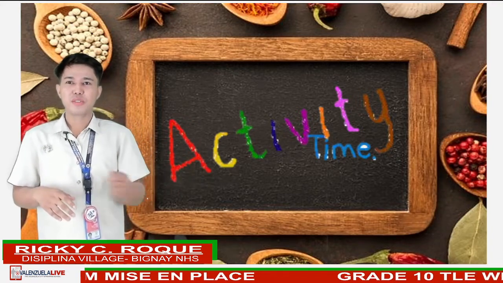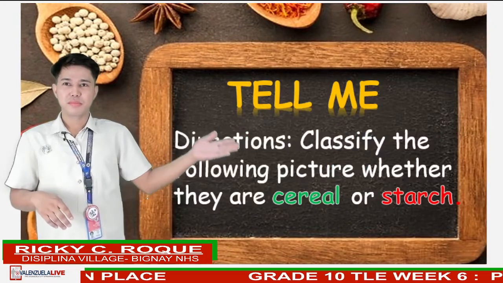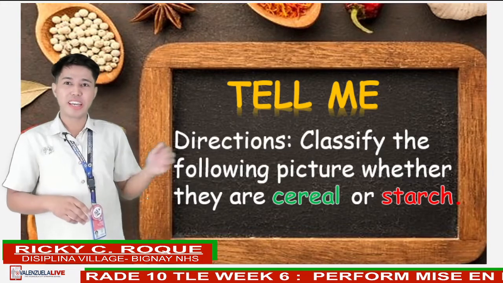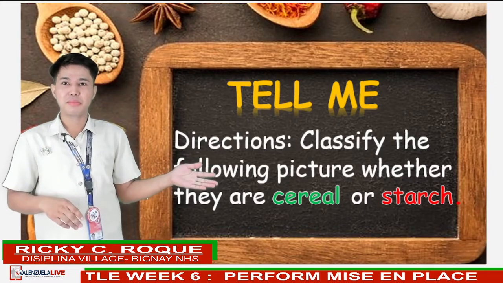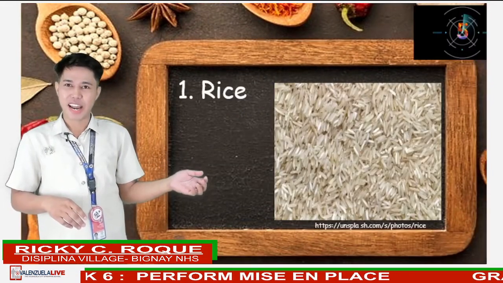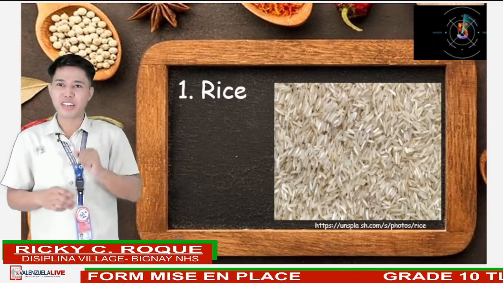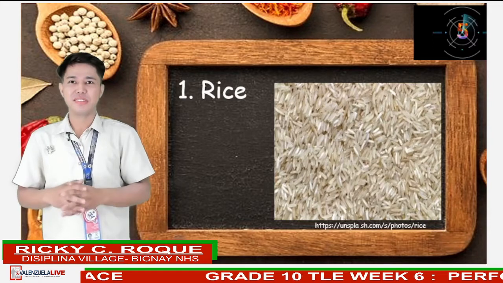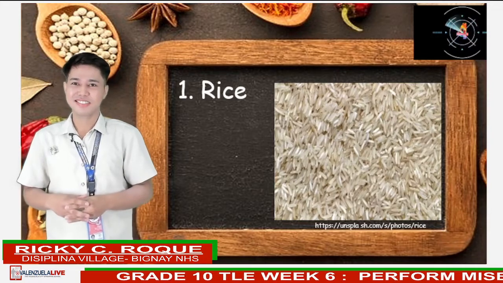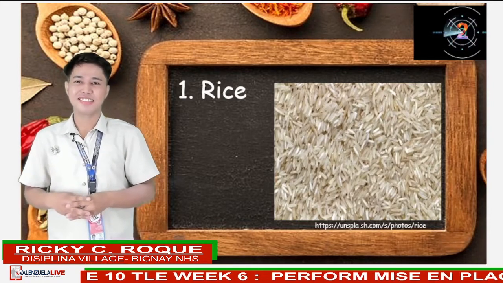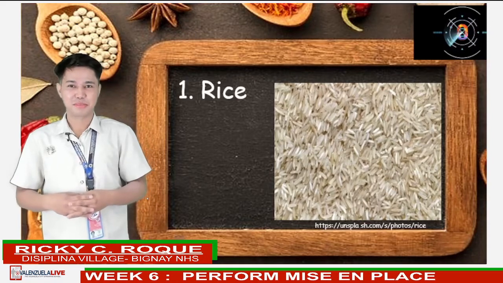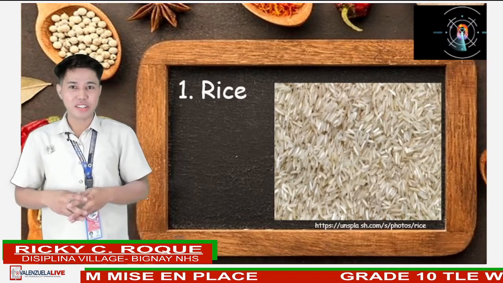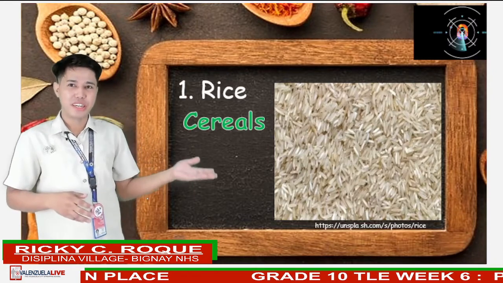Okay? The picture for number 1 is rice. You have your 5 seconds to think for the right answer. Timer starts now. Okay, time's up. The correct answer for that is cereal.